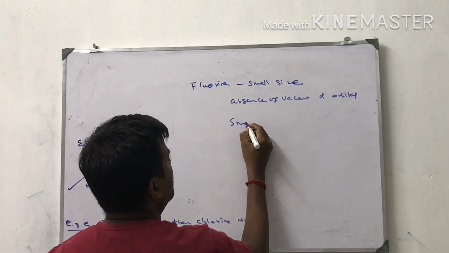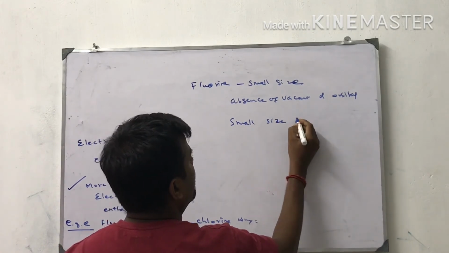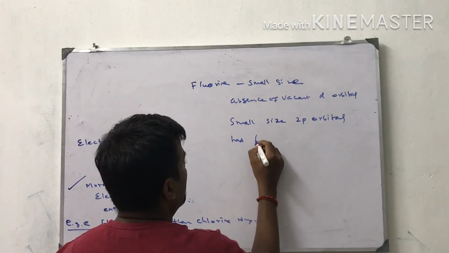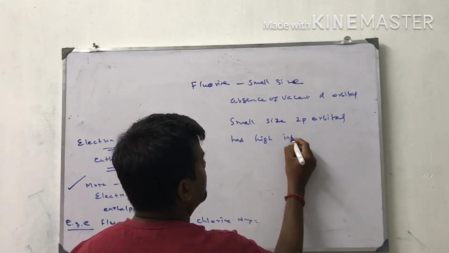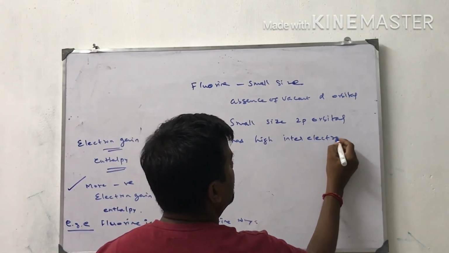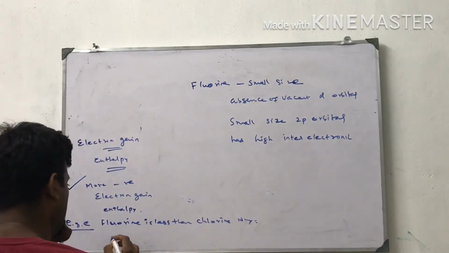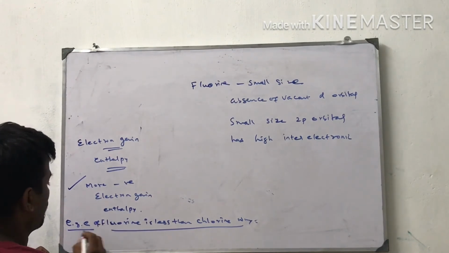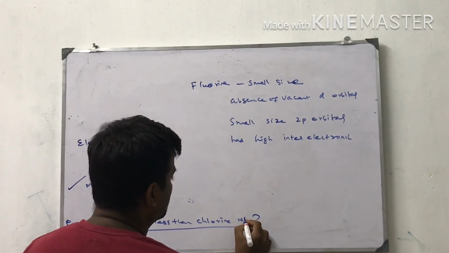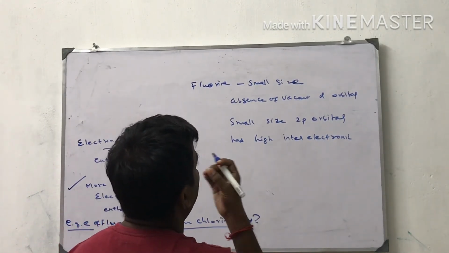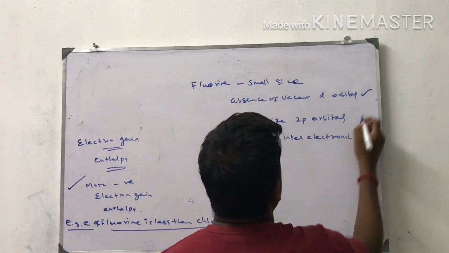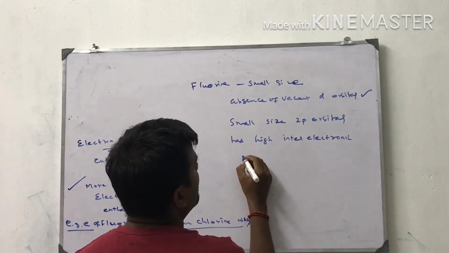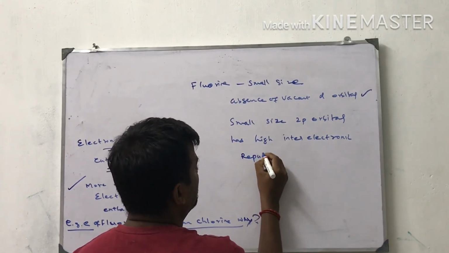Small size, 2p orbital has high interelectronic repulsion. The question is, fluorine is less electronegative, electron gain enthalpy of fluorine is less than chlorine. Why? This is the question. So small size, absence of vacant d orbital. Small size of 2p orbital has high interelectronic repulsion.